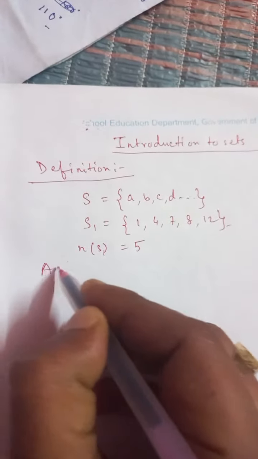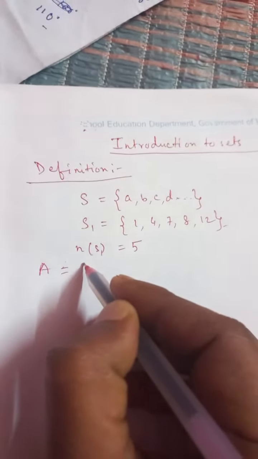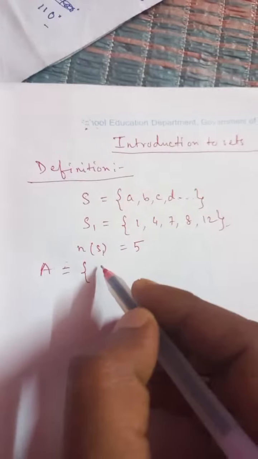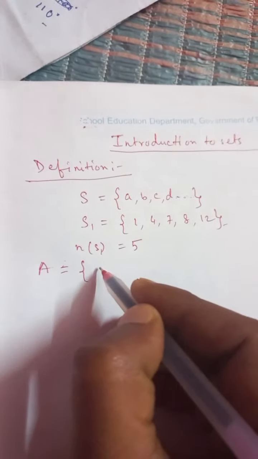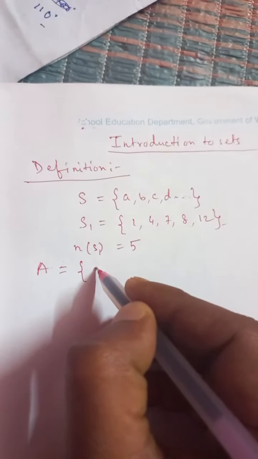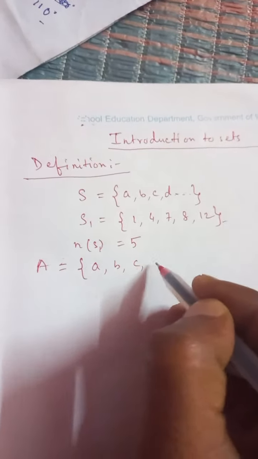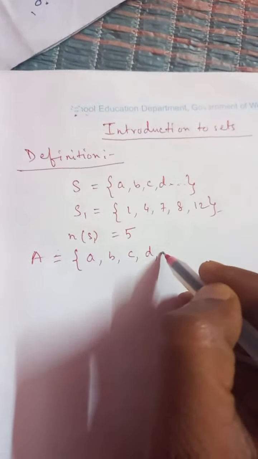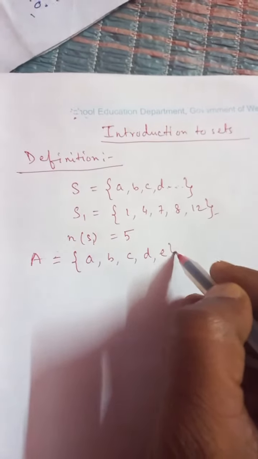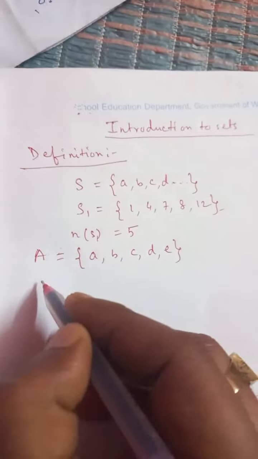I am taking two sets like A. A consists of A, B, C, D, E. 5 elements I have taken in the set A.